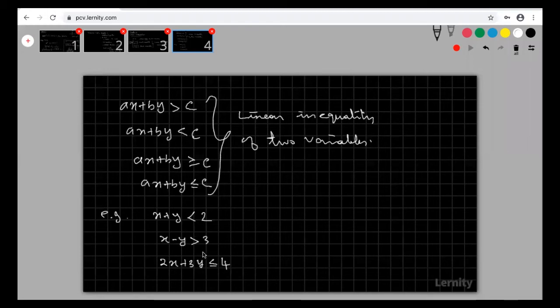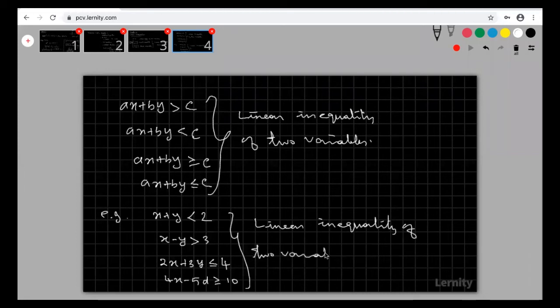These are my linear inequalities of two variables. 4x minus 5y is greater than or equal to 10. So these are called my linear inequalities of two variables. Are you okay? These are the examples of linear inequalities of two variables.